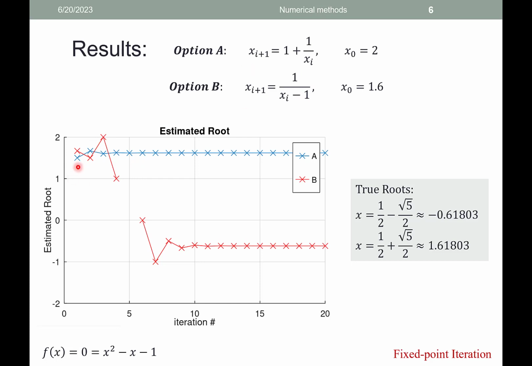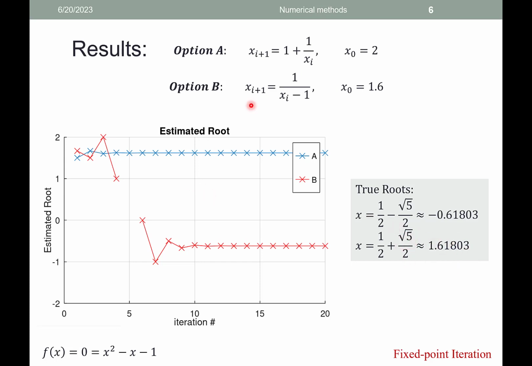Blue, we started with 2, and then you can see from 2 it drops down here, and then basically converges to this value, which is 1.61803. That's the positive root for this function.